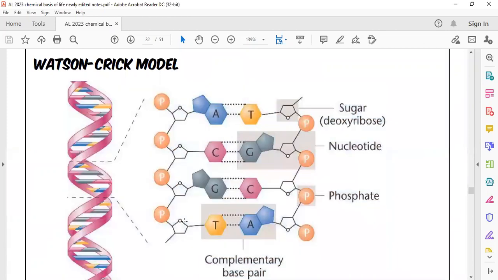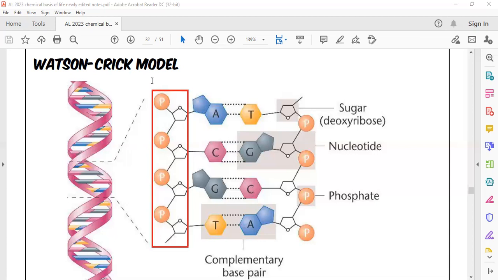Right. Here, my children, you can see in this place, phosphate and sugar are repeatedly getting connected. Sugar, then phosphate, then sugar, then phosphate, then sugar, then phosphate. Am I right? Right.